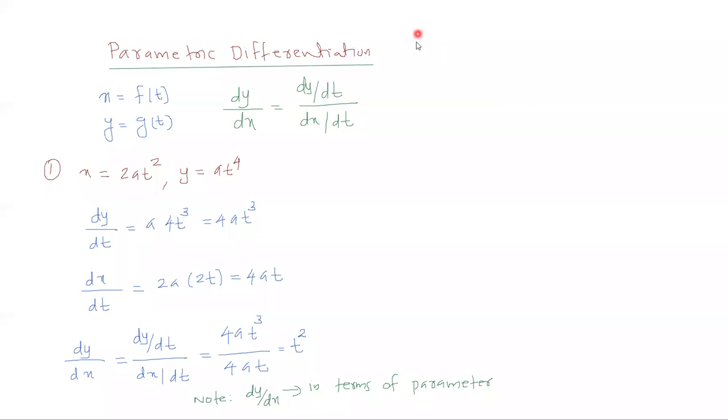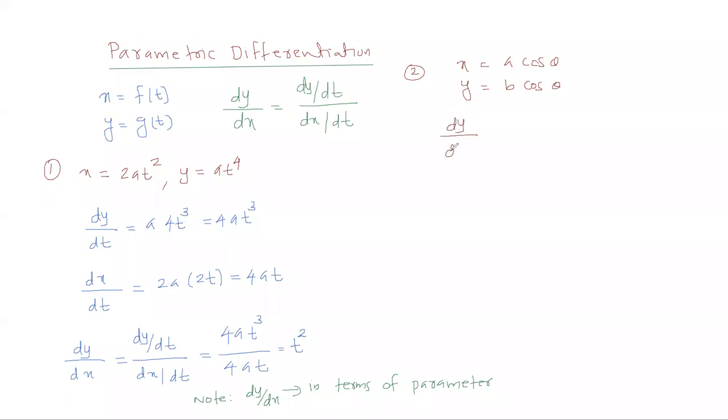We'll see another question. X is equal to A cos theta, Y is equal to B cos theta. So here you can see both X and Y are given in terms of theta.